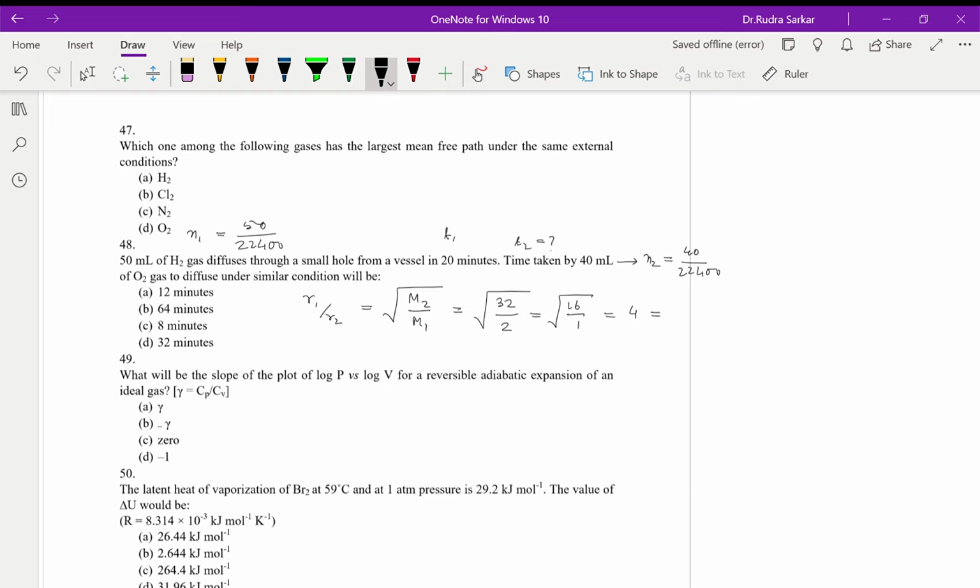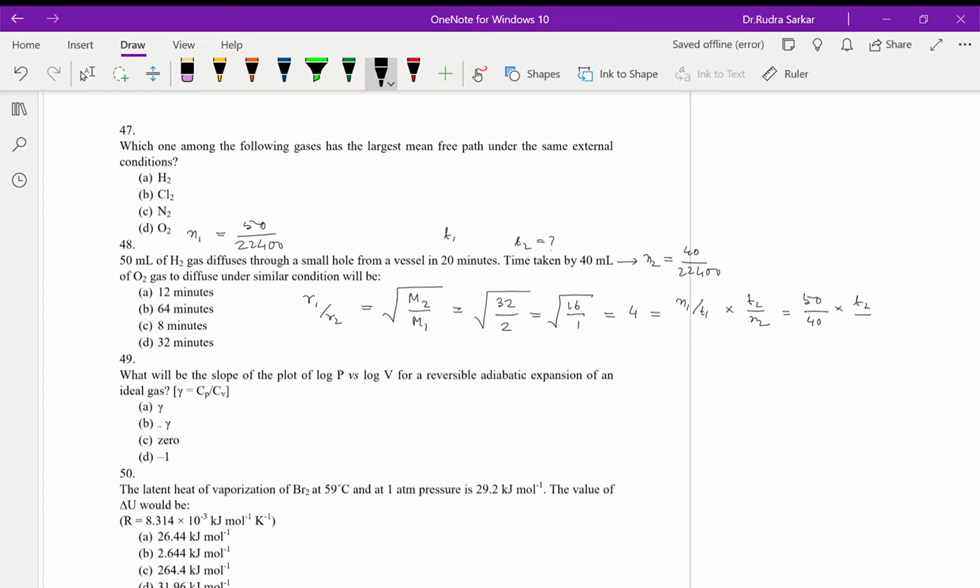That being the case, we have N1 by T1 into T2 by N2, wherein obviously this is going to be equal to N1 is 50 by N2 is 40 into 20 minutes for T1.